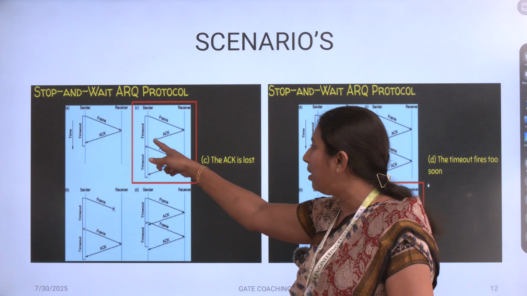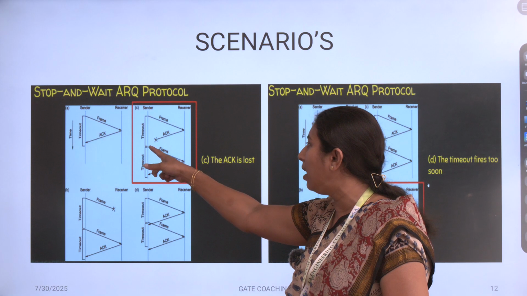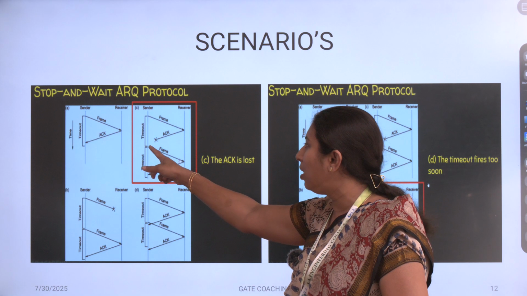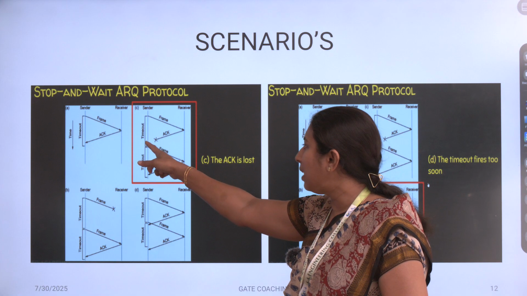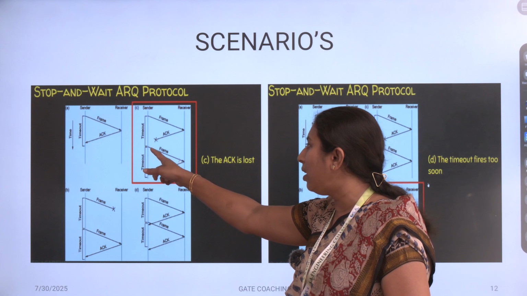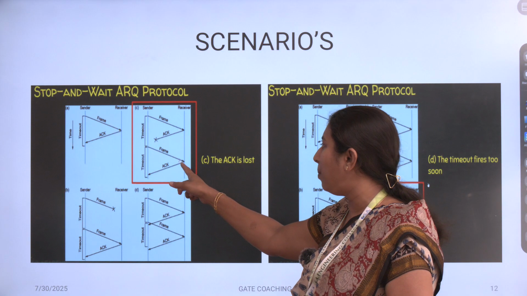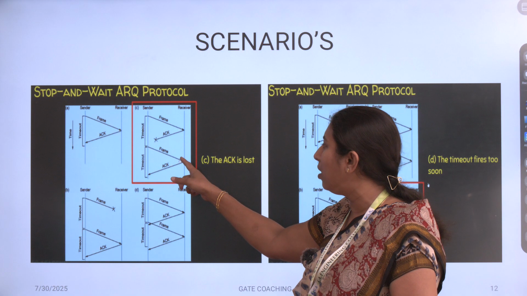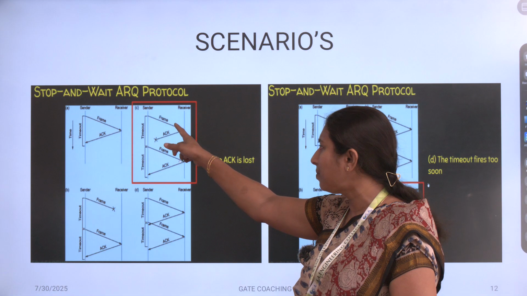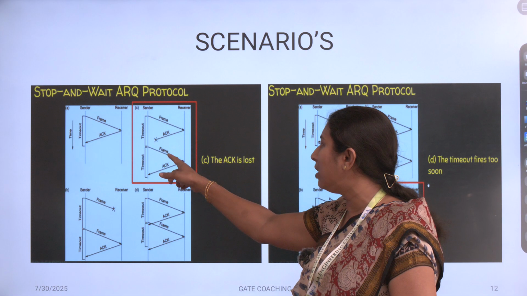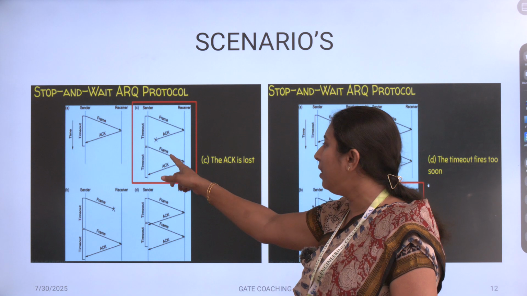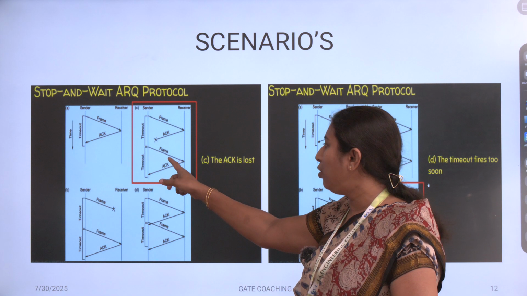At that time, the sender will wait till the timeout, and after that, it will send the frame again. The frame given to the receiver again is the frame which has not got the acknowledgement. So considering this as frame 0, frame 0 will be sent again.